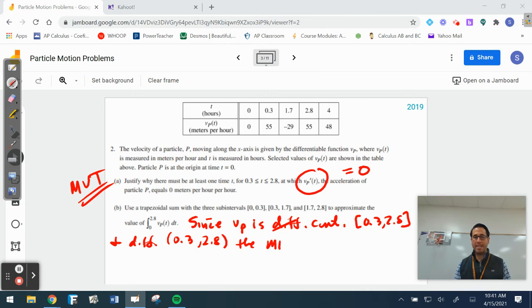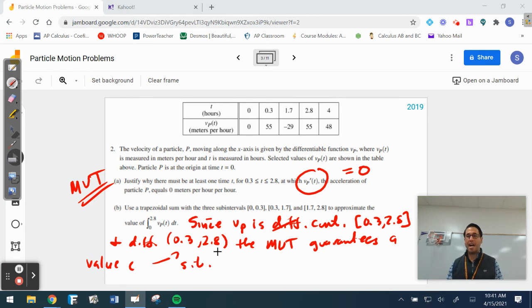The MVT guarantees that there's a value C that's going to be in between these two, such that, all right, now you need to know the formula for the MVT. And what is the formula?